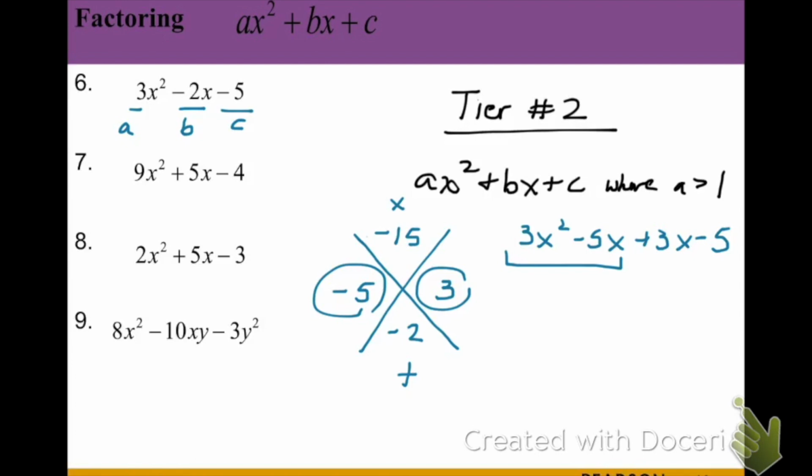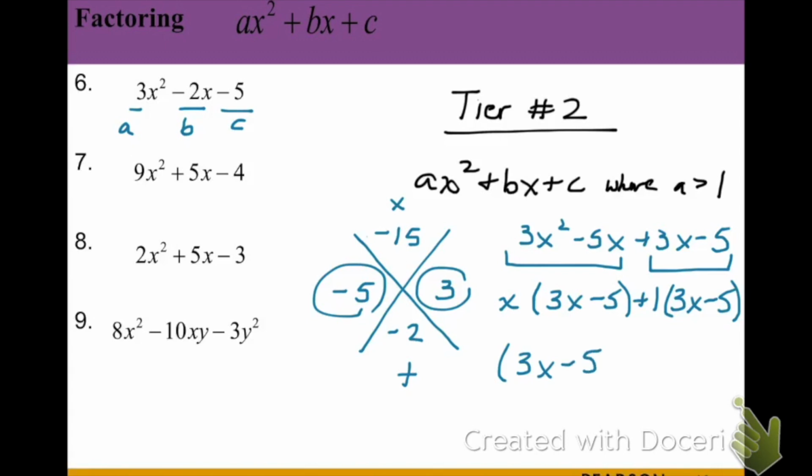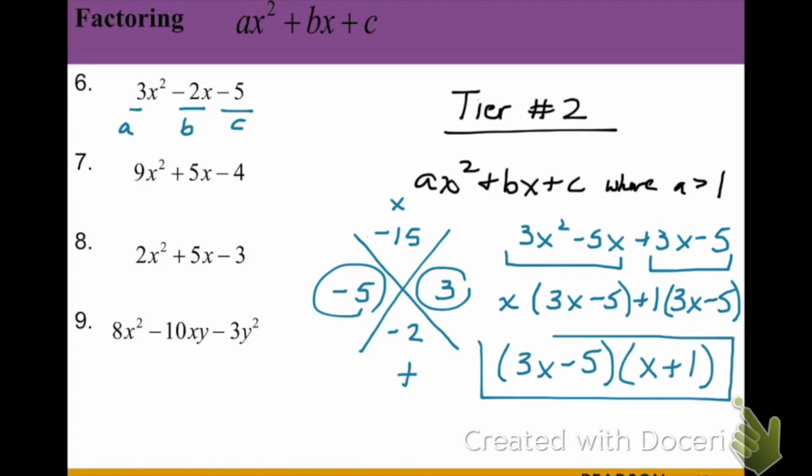So if we put the first two terms together and the second two terms together, we can GCF out an x out of the first two terms, giving us an x times 3x minus 5. And then on the second two terms, all we can take out is a +1, which leaves us with a 3x minus 5. Meaning here that our two factors for this polynomial would be the GCF of 3x minus 5 and the other factor of x plus 1.